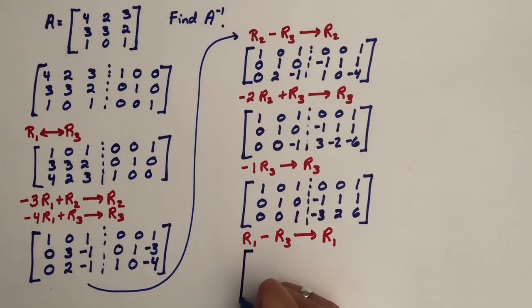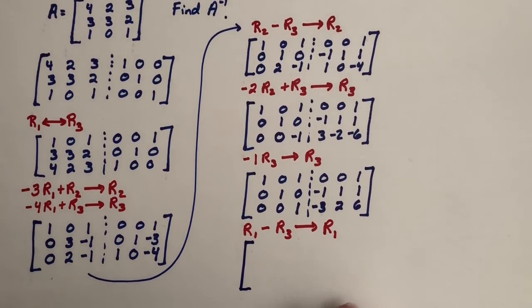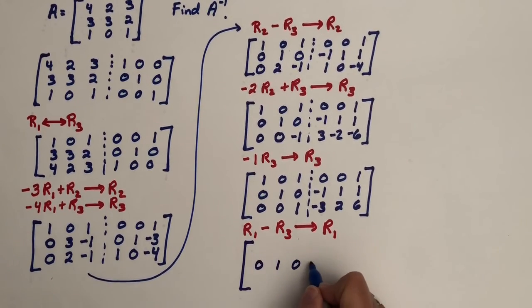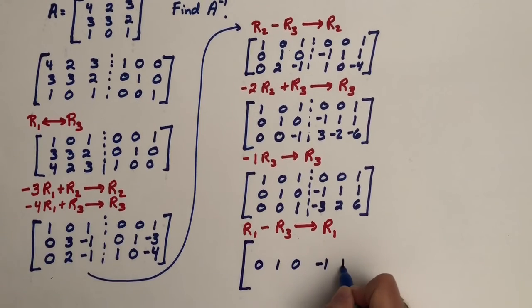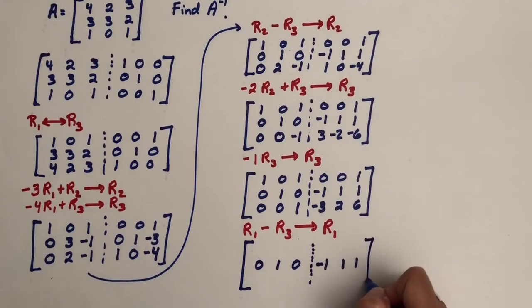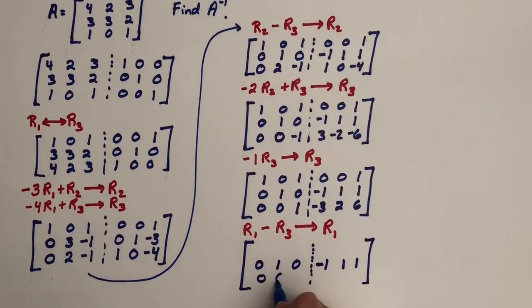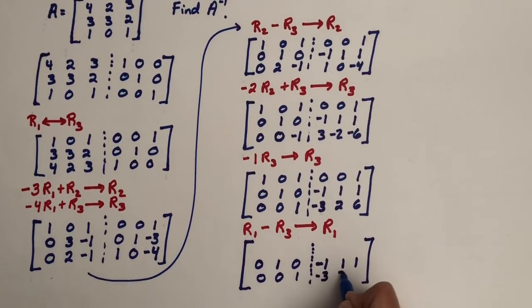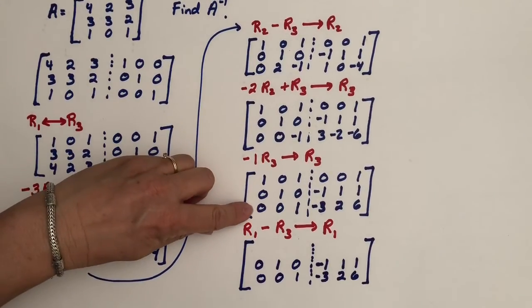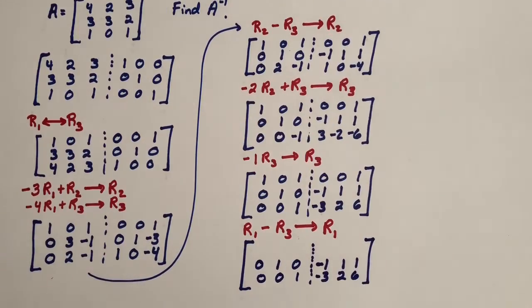Rows 2 and 3 are unchanged. It is row 1 minus row 3.